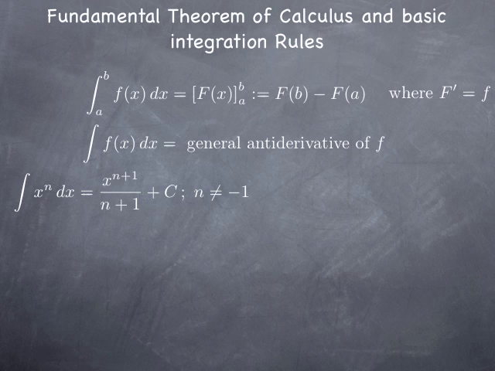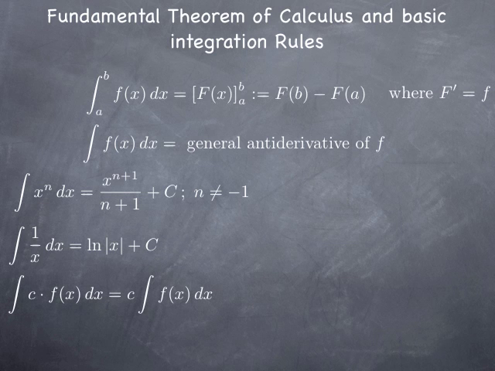So if you have x to the n, where n is any real number different from -1, then an antiderivative is x to the n plus 1 over n plus 1. All of the antiderivatives are up to a constant. The case where n is -1 is something that we've seen in this course, not in Calc 1. And an antiderivative of 1 over x is ln of absolute value of x, up to a constant.